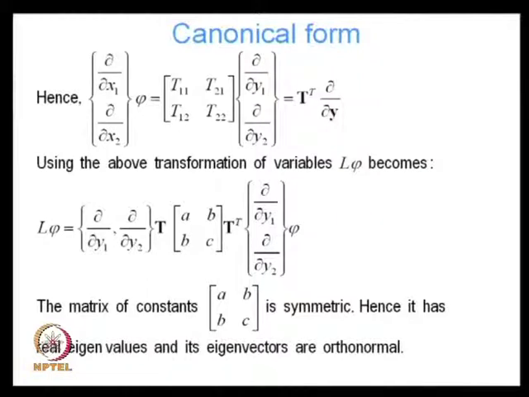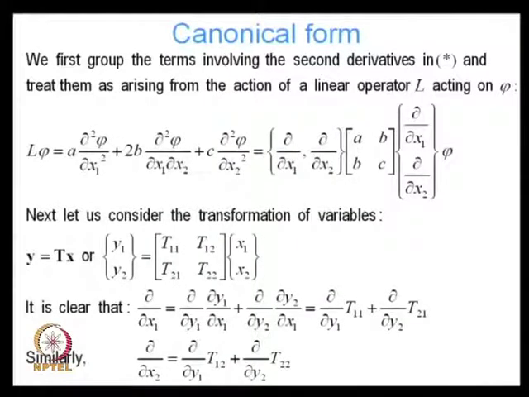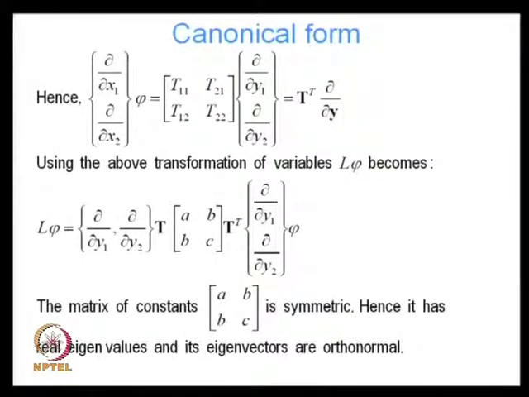So, what do I get? So, I can write del del x1 del del x2 phi is equal to this T11 T21 T12 T22, just grouping them together into a matrix again, right. So, basically I am rewriting these last two equations as matrix equations, right. T11 T21 T12 T22 times del del y1 del del y2, which is nothing but T transpose del del y.